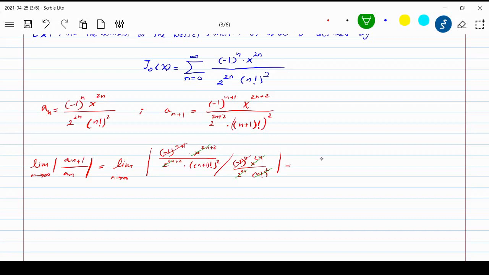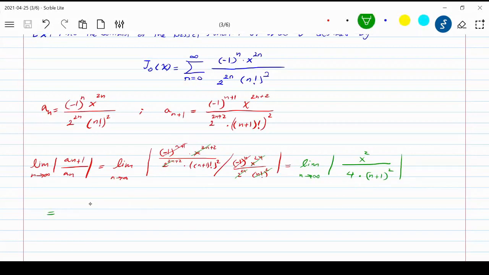So what you have at the end is the limit as n approaches infinity. In the numerator we have x squared left, and in the denominator 2 to the power 2, which is 4, multiplied by n plus 1 squared. This fraction simply turns out to be this.